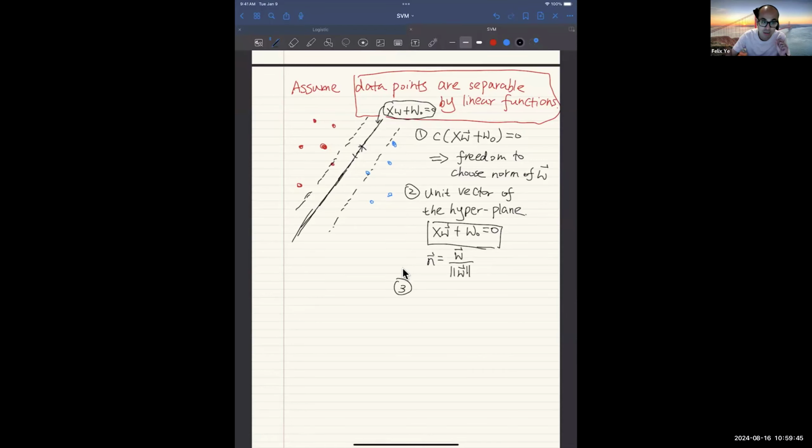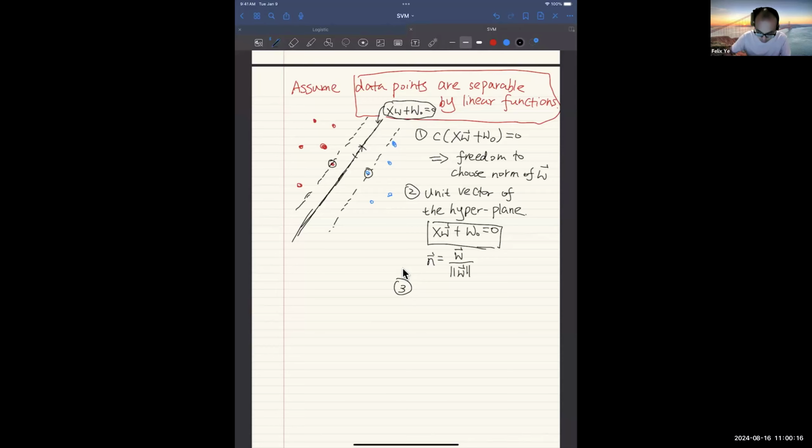And also this third definition: the examples actually closest to this decision hyperplane are going to be called support vectors. So this will be your support vector, because this is the point that is actually closest to this decision hyperplane. Without losing generality, as I said, we can always multiply by a constant to make it satisfy certain values.